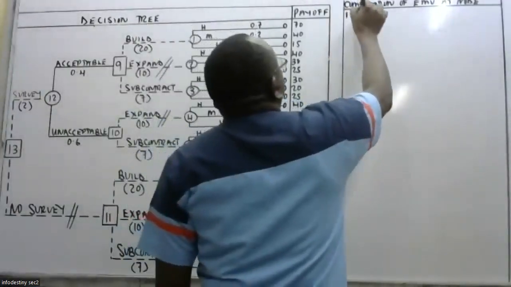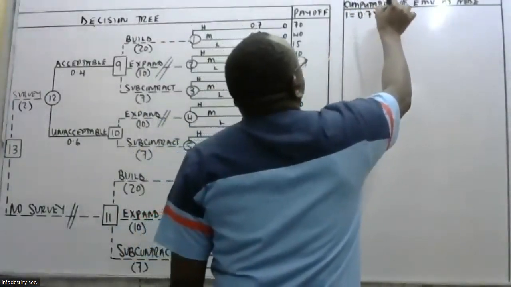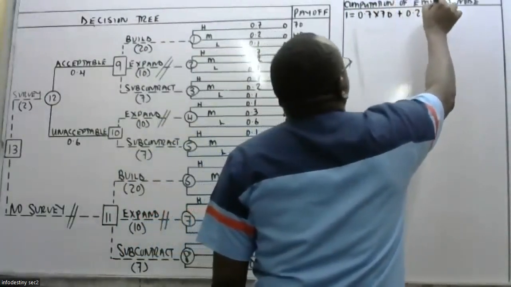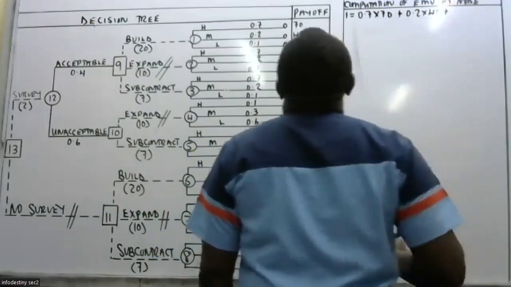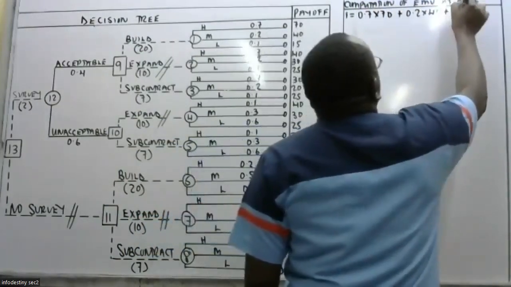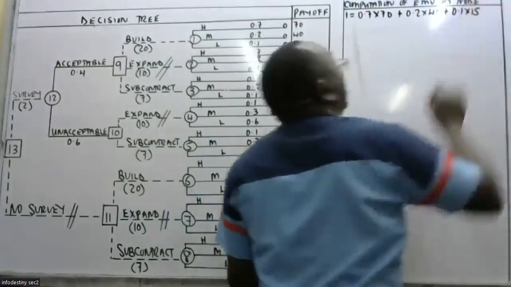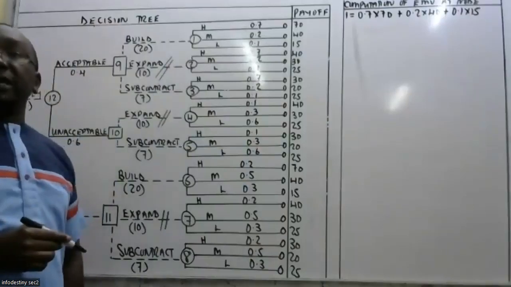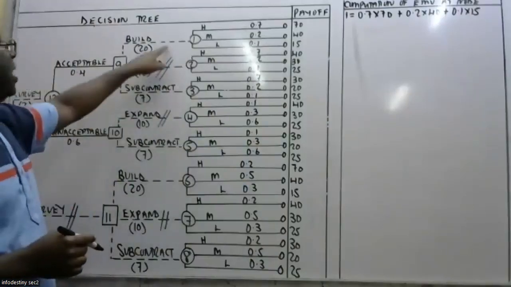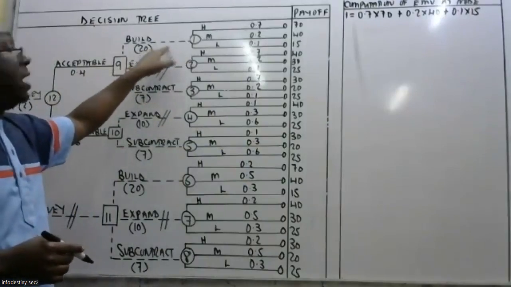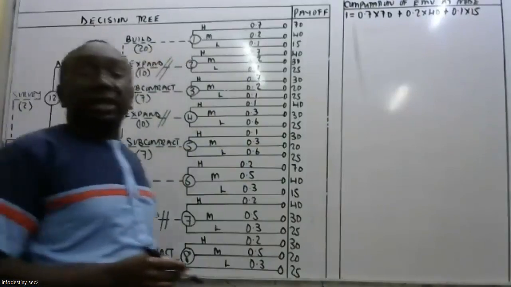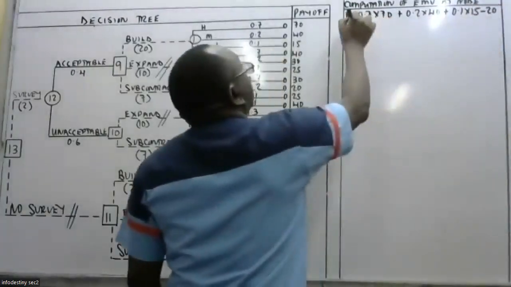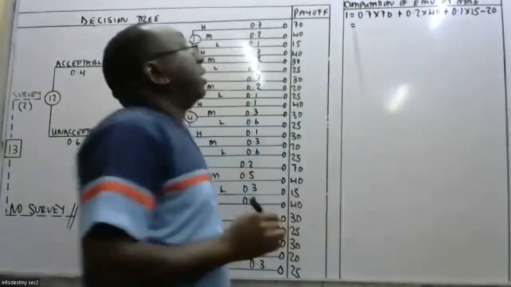So the same one is 0.7 multiplied by 7 plus 0.2 multiplied by 40 plus 0.1 multiplied by 15. And before you write the answer, you check which line is coming in. This line, an incomplete one, is coming in and it has a cost of 20. So that 20 should be subtracted. So you say minus 20. Give me the answer.